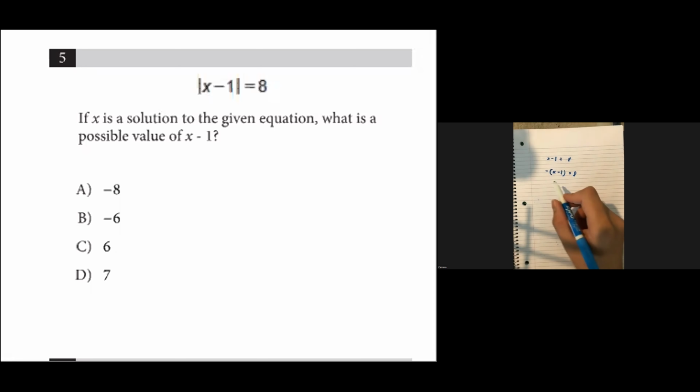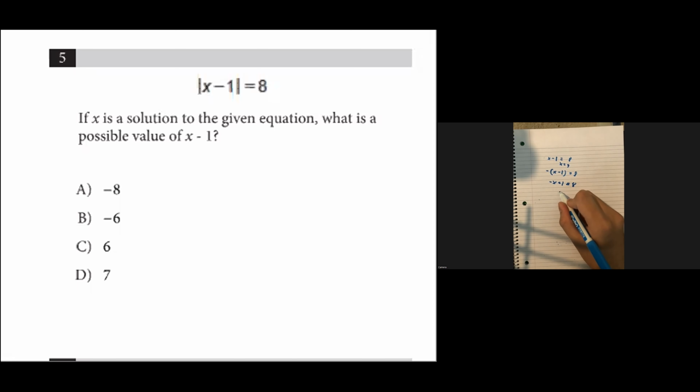And so basically, you're multiplying whatever's in the absolute value by -1 to get the other answer. And so if we solve the first one, we would get x equals 9, which is not one of the answers. And if we solve the second one, we would get negative x plus 1 equals 8.